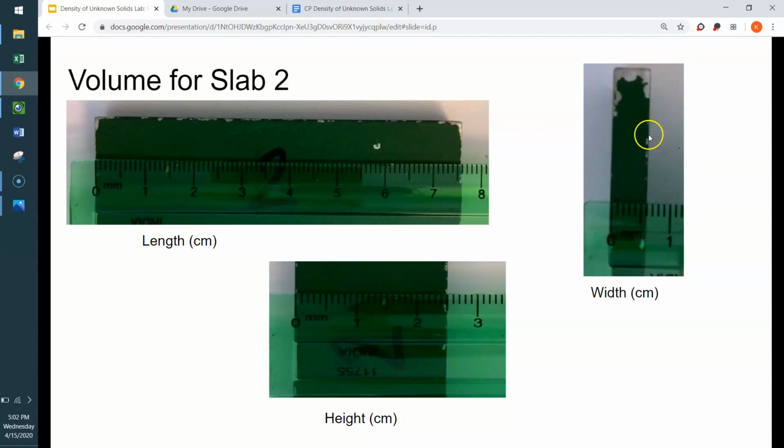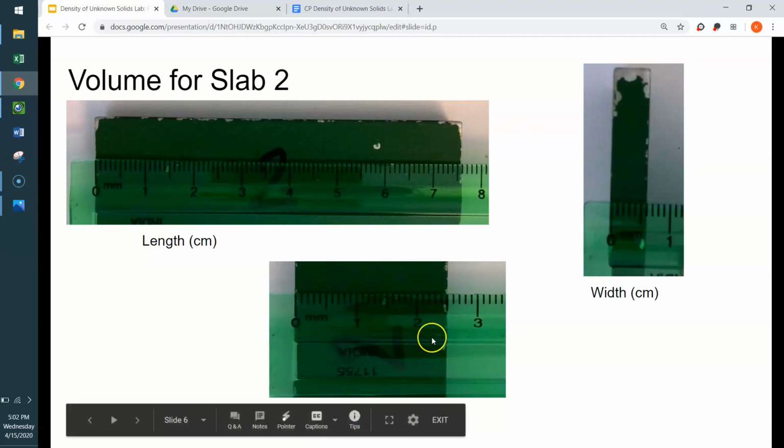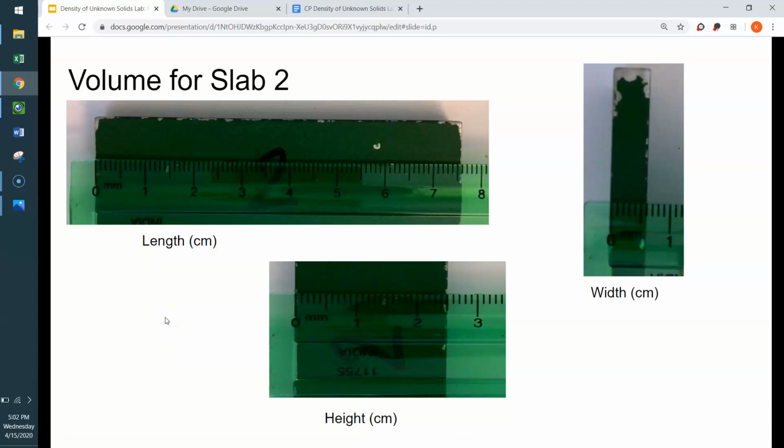Our width, and then our height. Record those values and then multiply the 3 together to calculate your volume. Remember, you can pause this video at any time to record your measurements and to do your calculations.